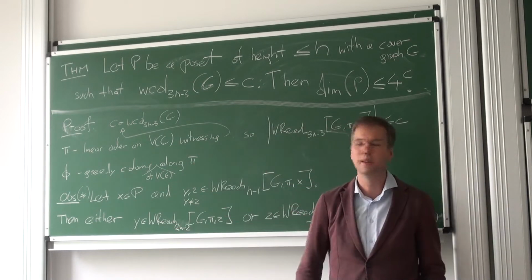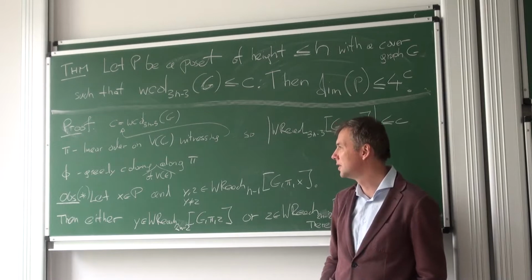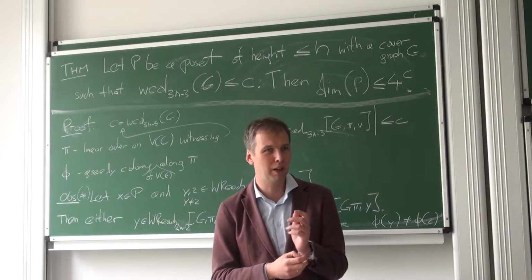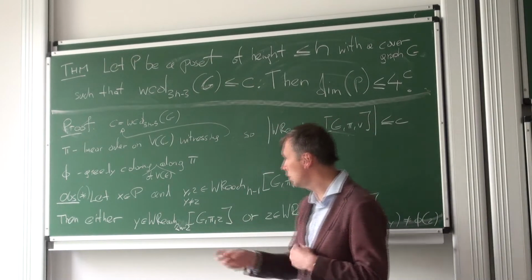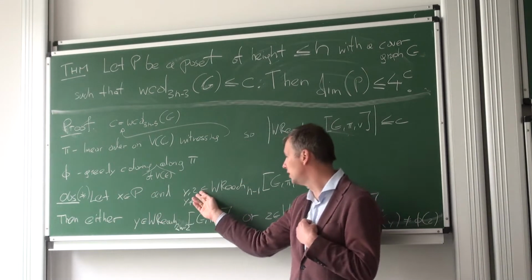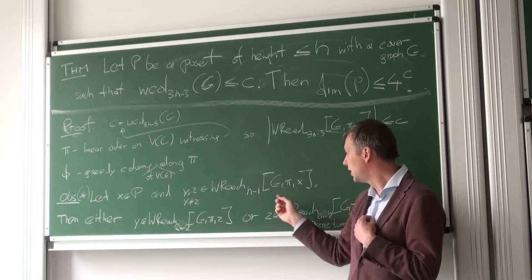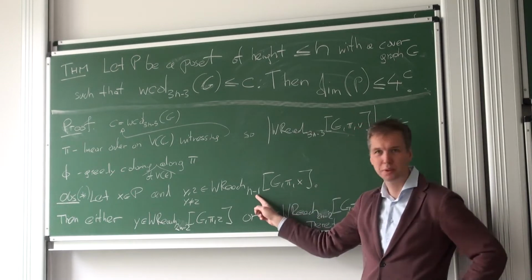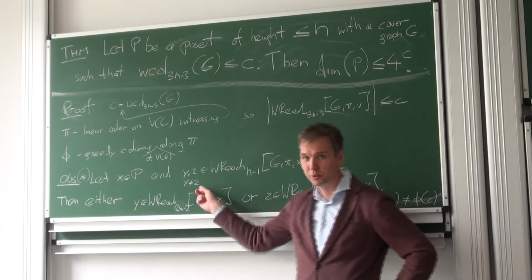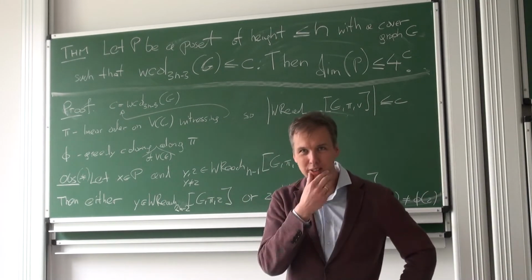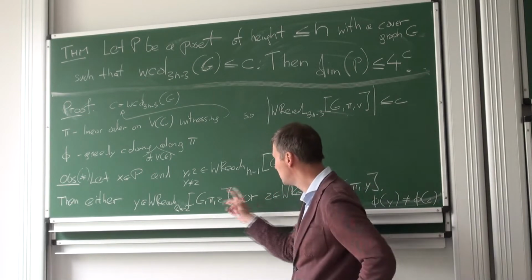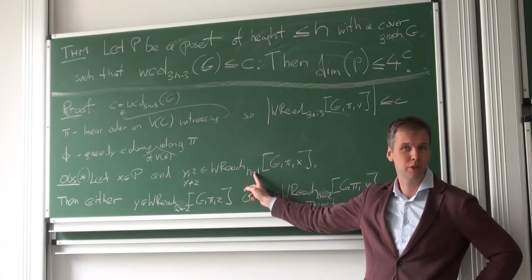This way you use at most c colors. It's a c-coloring. And then there is this easy observation combining two witnessing paths. So whenever you have a vertex x in the poset and you have two vertices y, z such that they can be reached from x with a small number of steps, h minus 1 at most, and given that these two vertices are distinct, then one of them can be reached from the other in a number of steps which is twice the initial number of steps.